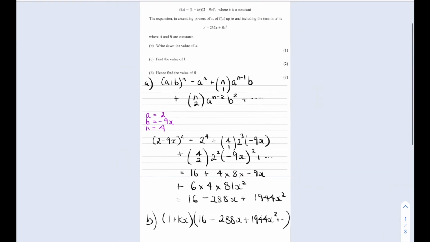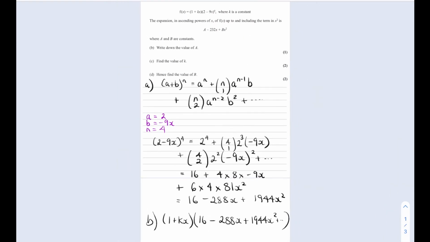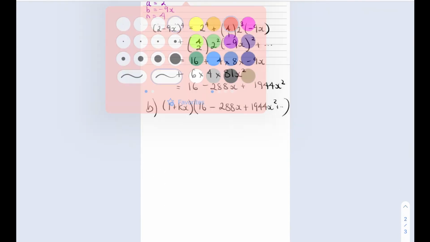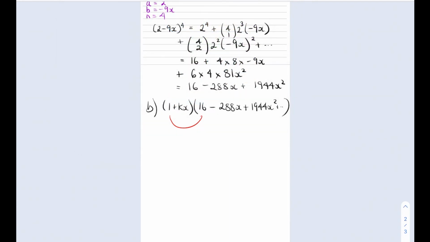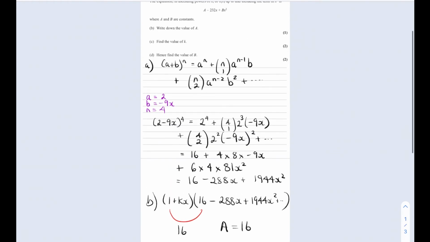Now, the value of a is the coefficient that has no x attached, so just the constant at the beginning. I can see when I expand these brackets, the constant at the front with no x term is just going to be 16. So I can conclude at this point that a is going to be 16.